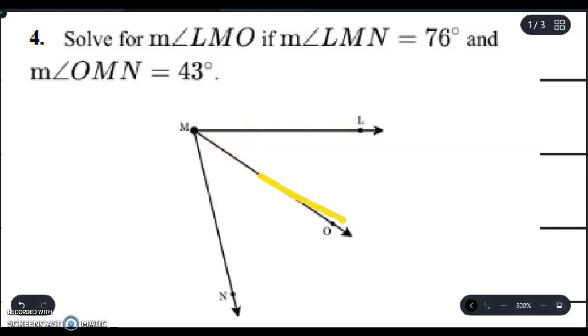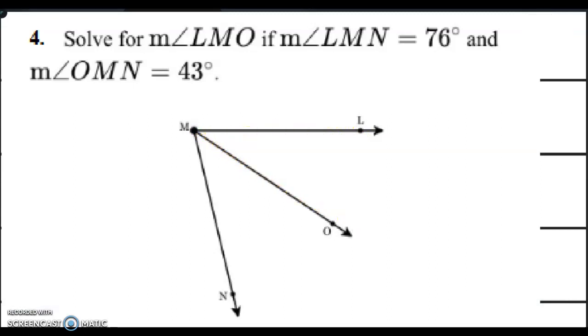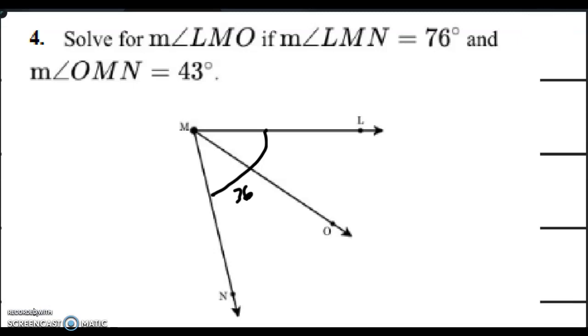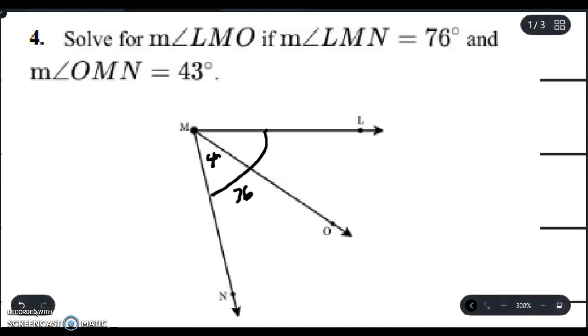LMO. Okay. And we're looking for that. Okay, so to find that measurement, what we're going to do is we're going to take the LMN, which is the whole thing, right? This whole amount here, and it's 76. Okay, and then OMN is this one right here, which is 43.